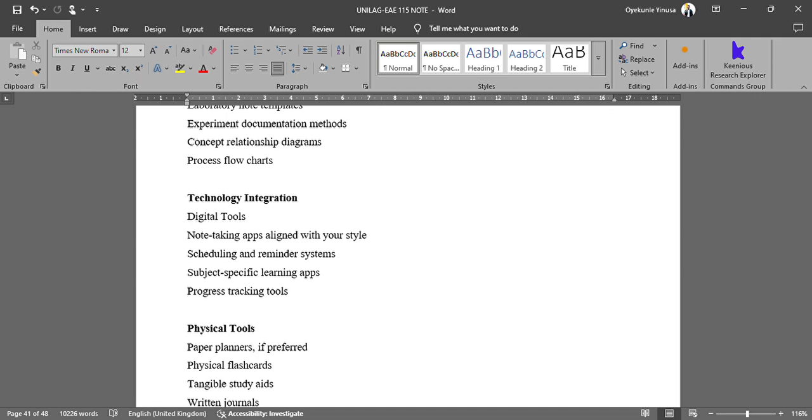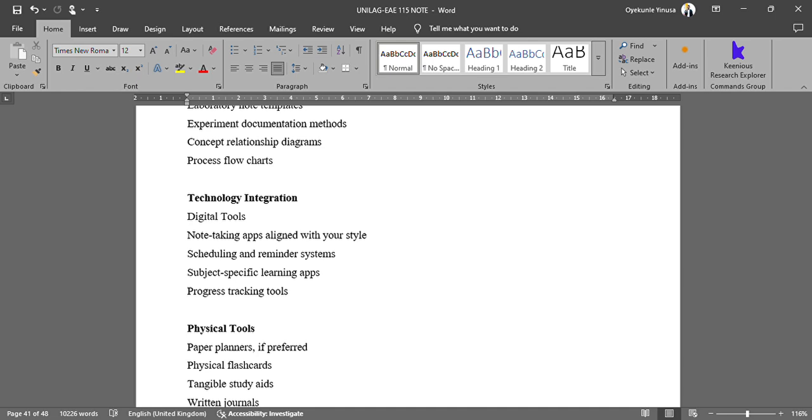So, for technology integration, whatever you are studying, depending on how you want to study, you must integrate technology. There are a lot of digital tools that can help you to learn. Note-taking apps are common that you can use to align with your own learning style.